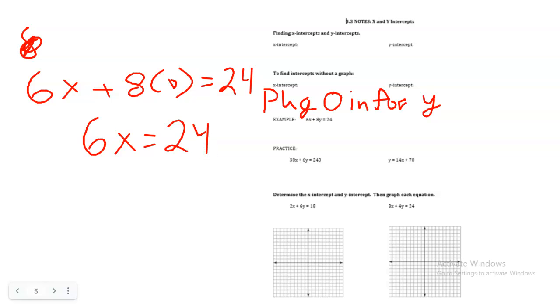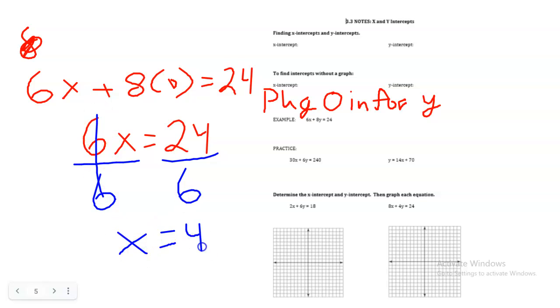Okay, now I want to get the x by itself. So to get the x by itself, it's being multiplied by 6. I'm going to do division, because it's the opposite of multiplication. So I'm going to divide both sides by 6. When that happens, I get x is equal to 4. So that means that my x-intercept, so when x is equal to 4, y is equal to 0.